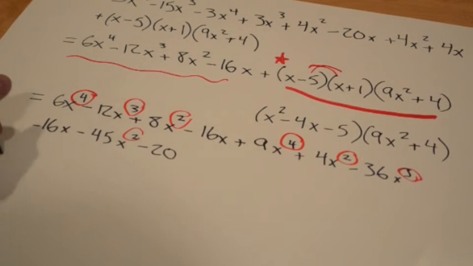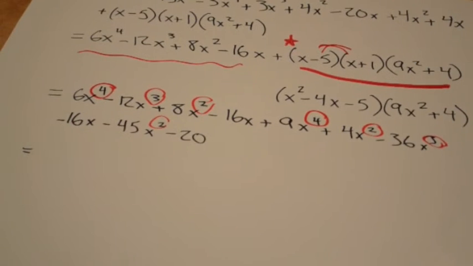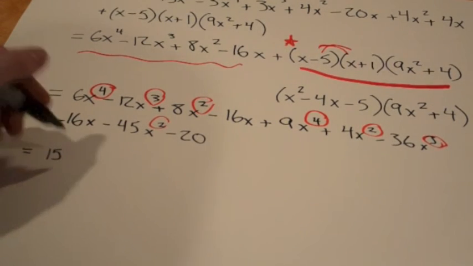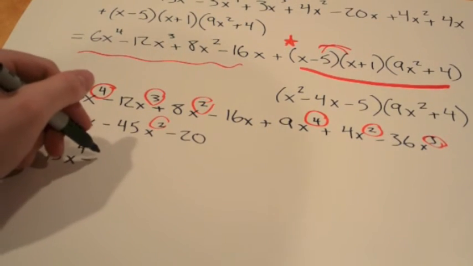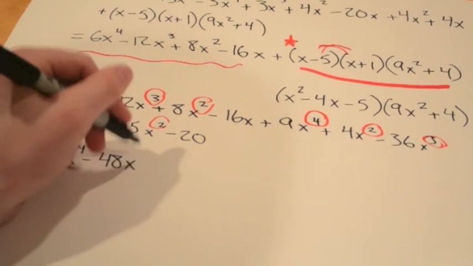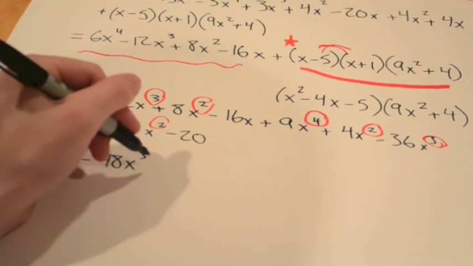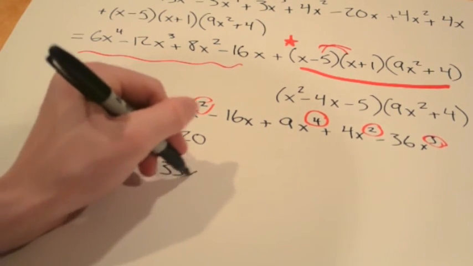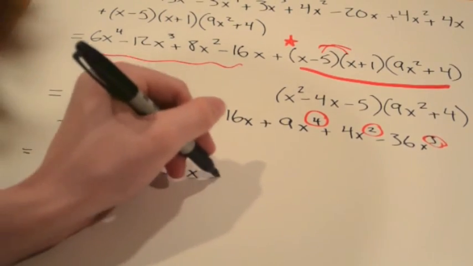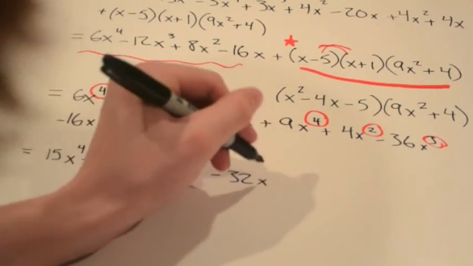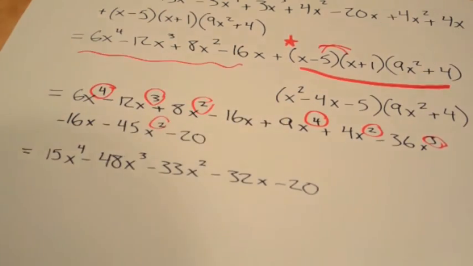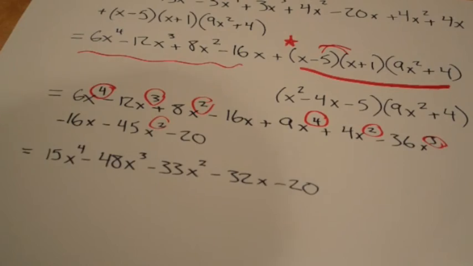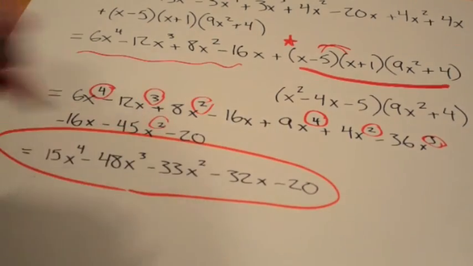It's going to be simplified, okay, to 15x to the fourth minus 48x to the third minus 33x squared minus 32x minus 20. Okay, now that right there is your final answer, actually.